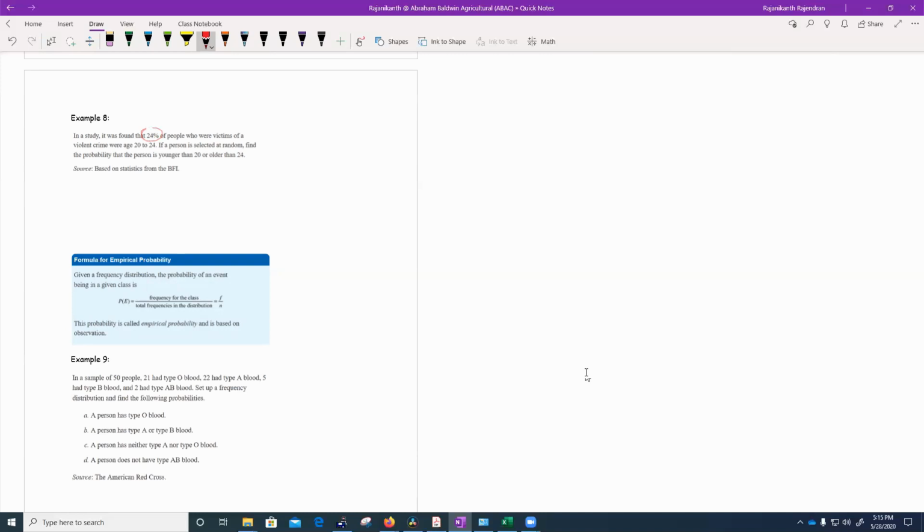Suppose my event E is the people who have age 20 to 24, then of course the event E bar, as I said earlier, should be the complement of this event, outside of this event. In other words, the negation of this event.